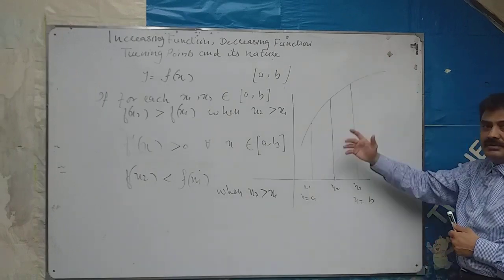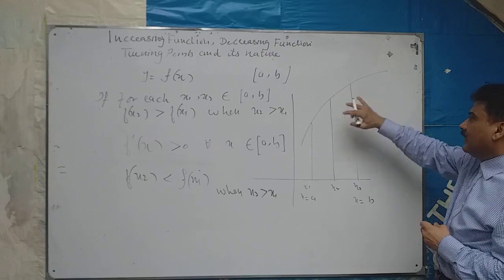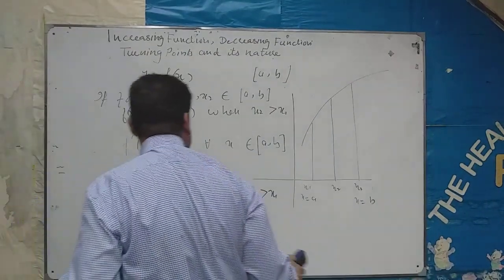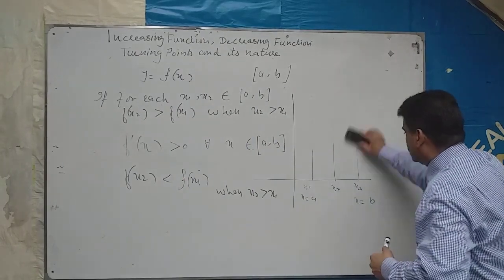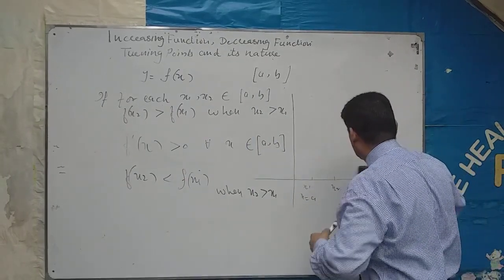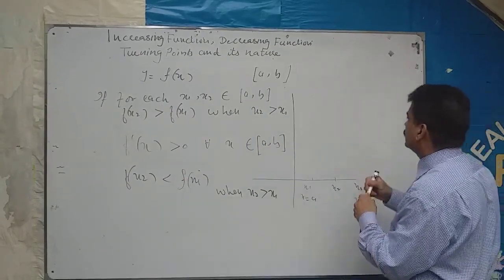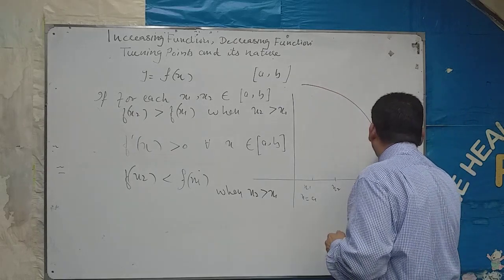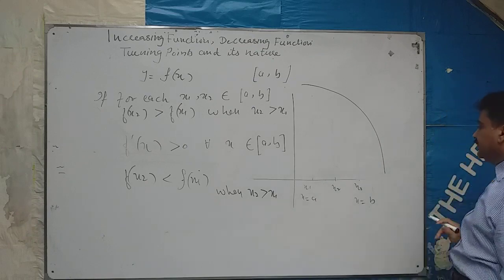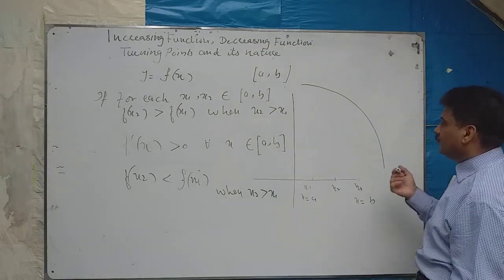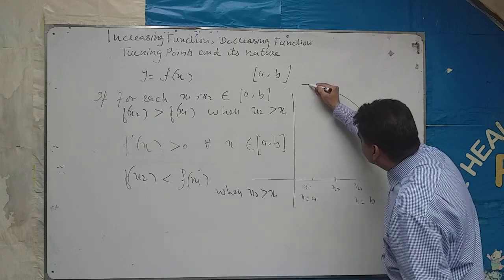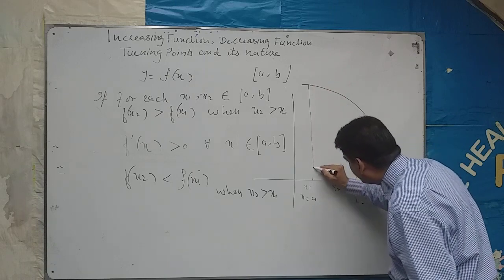a curve by taking some points on it. Now it is a graph of a curve. We take some points on it. This is x1 and its ordinate as shown in the figure.